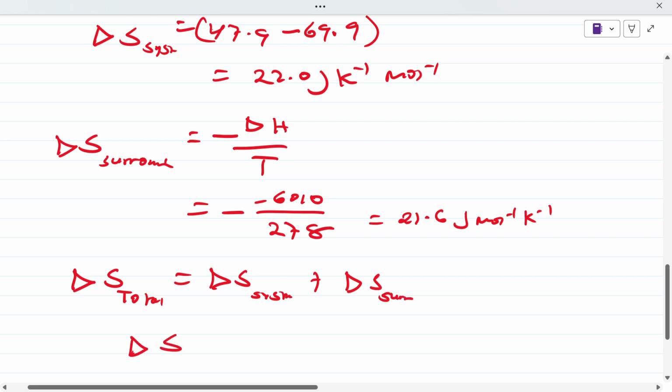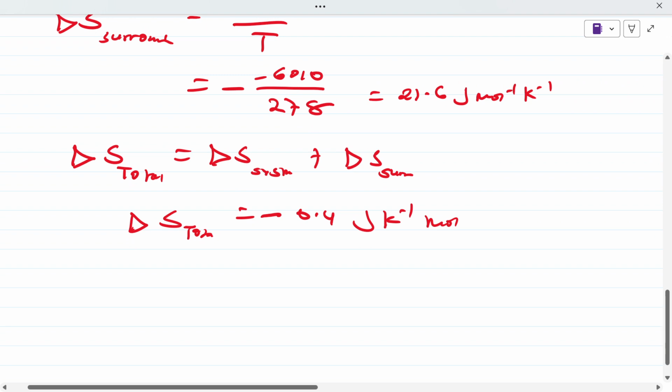So at the end of the day, my delta S total is going to be negative 0.4 according to my calculation, joules per Kelvin per mole.